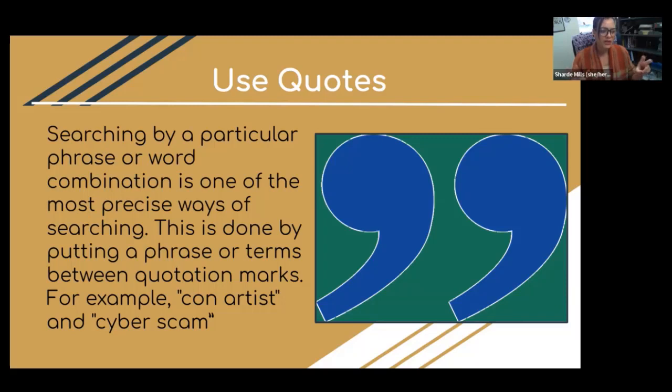But if I put quotations around con artist, my search is searched for as a phrase or one idea. The way that Google searches without those quotes is that it might find con in one area, artist in the other. I'm definitely going to get helpful results, but if I use these quotes, I'm being more specific with Google, and it's going to hopefully give back more relevant results because I'm telling it that this is one phrase or one concept.